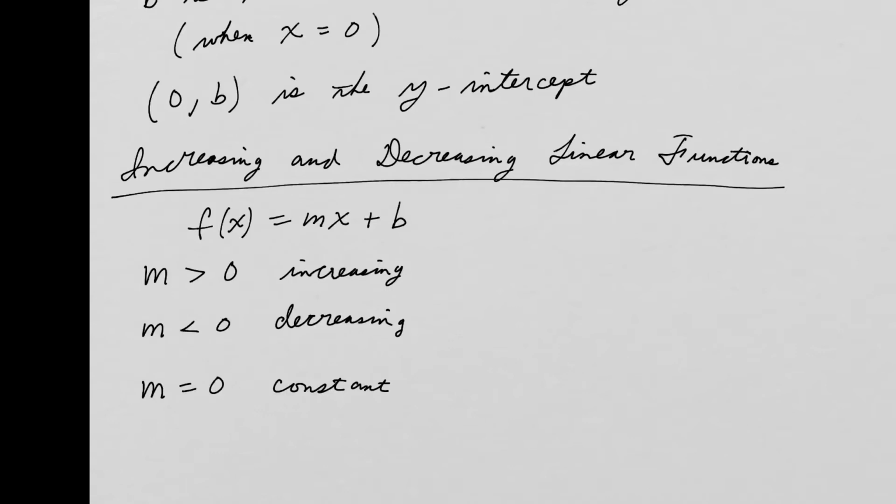Right, so the three cases are this, right? Let me draw this quickly. Let's say this is my linear function. So one case could be like this, right? That would be increasing. This would be a case where the function is decreasing, right? So it has a negative slope. Let me draw it a little better.